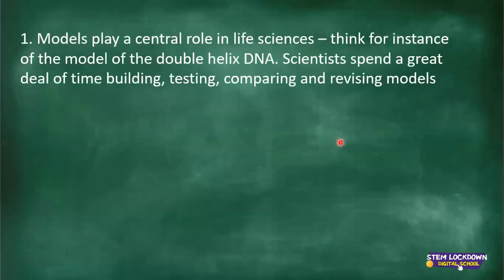Now, models play a central role in life sciences, and in general sciences we have models for different things. We have models for the double helix DNA, for example. Scientists spend a great deal of time building, testing, comparing, and revising models.